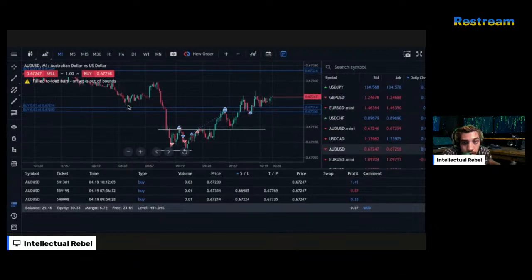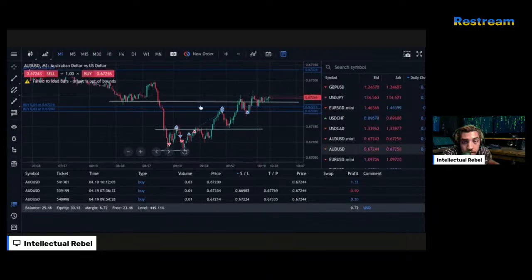It could only just hit this level right here because that is a key level, because it tested over here.